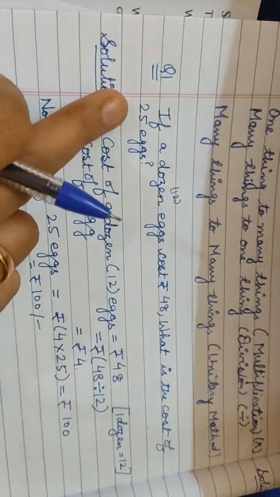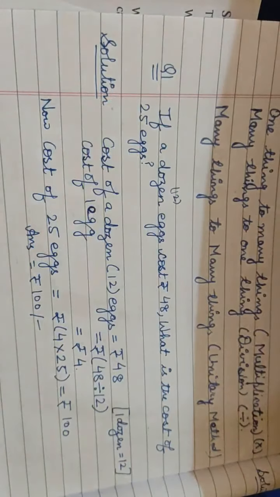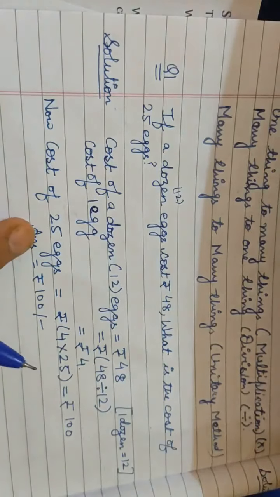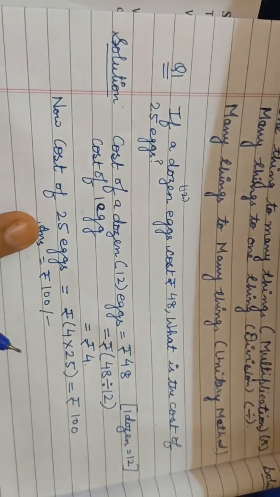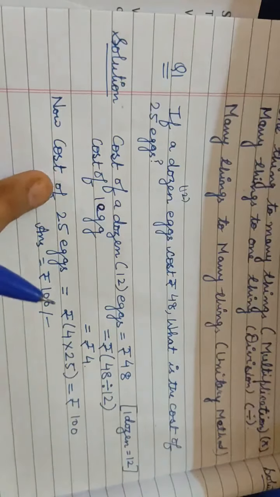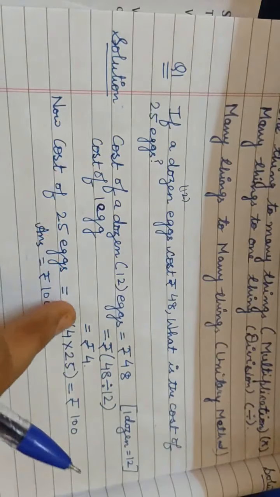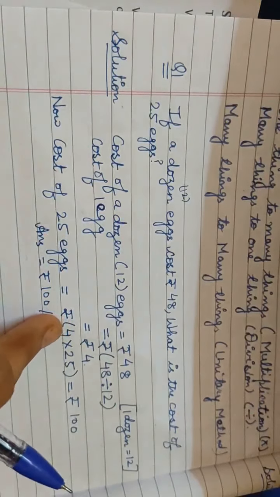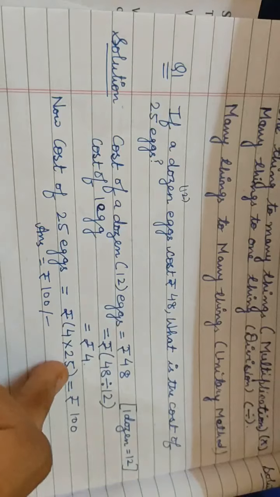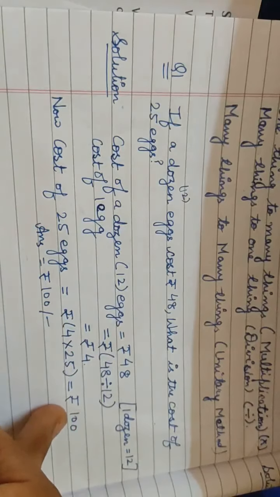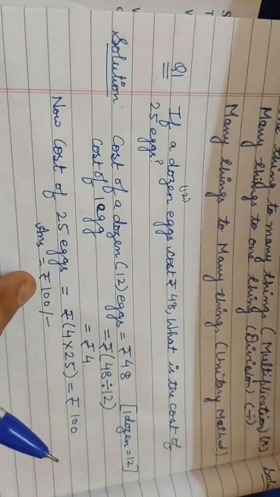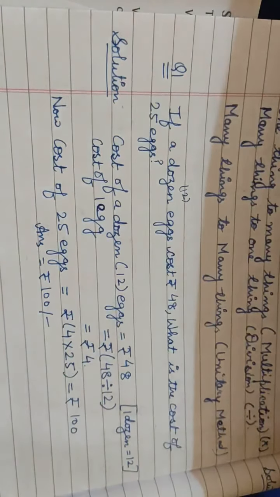You have to find the cost of 25 eggs. So from one to many, you will perform the multiplication operation. So the cost of 25 eggs is equal to, you will multiply the cost of one egg by 25. So you will get the answer as rupees 100. So the cost of 25 eggs will be equal to rupees 100.